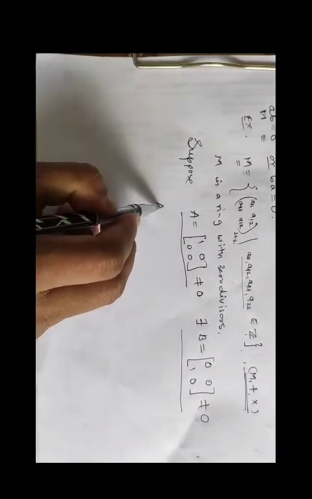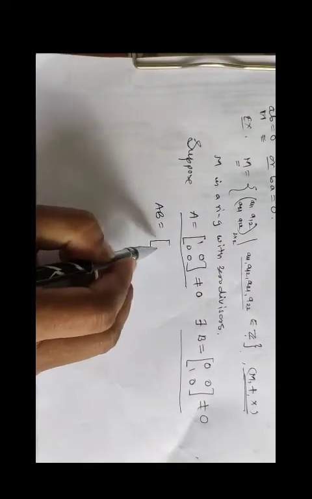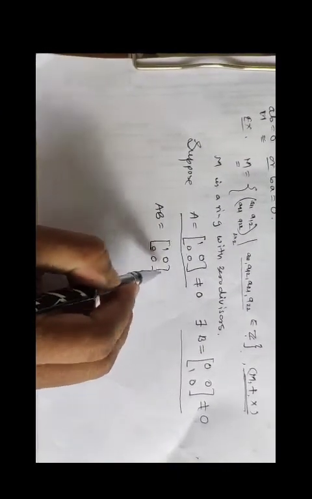But if we take the product of these two matrices, 1 0 0 0 and 0 0 1 0, we get a zero matrix. So for non-zero A there exists non-zero B, their product is 0, and therefore this ring is called a ring with zero divisor.